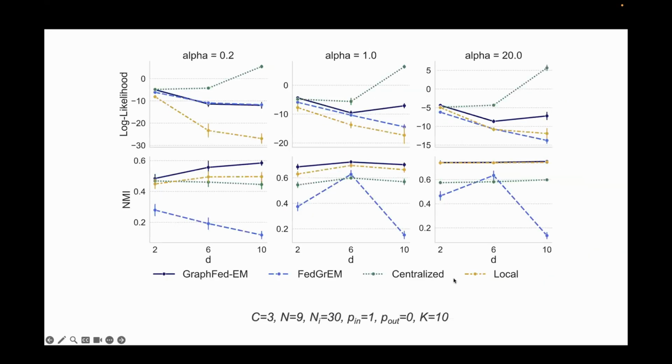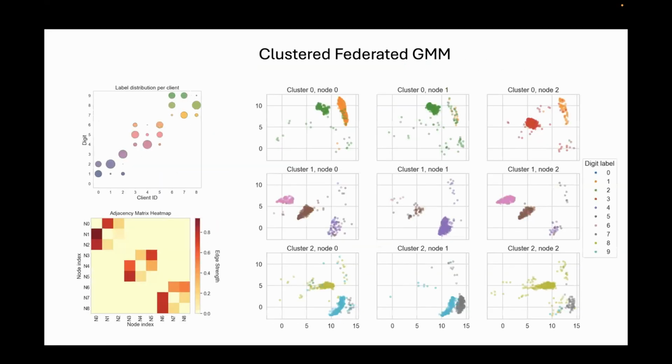Okay, and again, the clustered setting is in a way a very artificial setup, of course. Here, what I'm doing is clustering the local data sets themselves. For example, this group of clients will have access only to digits 0, 1, and 2.